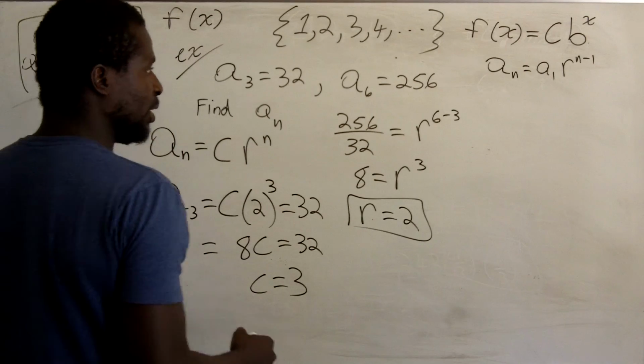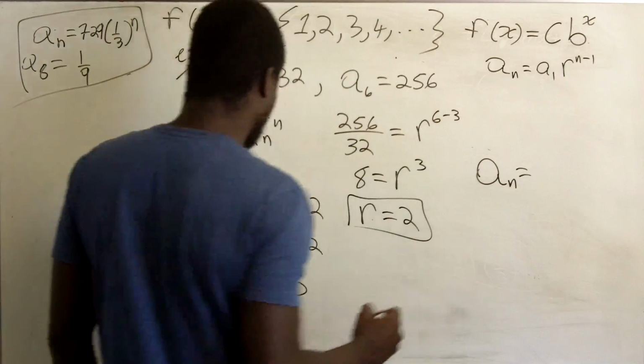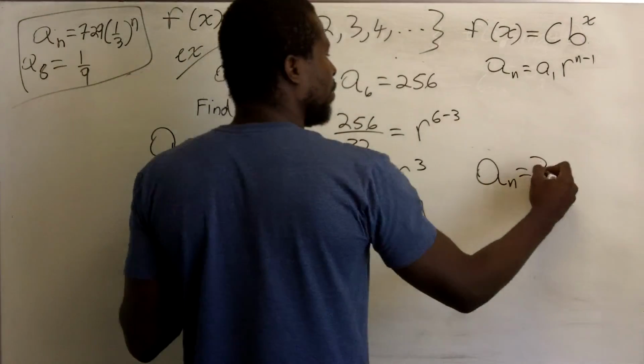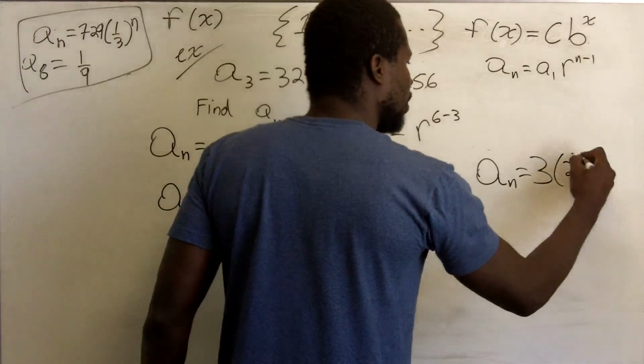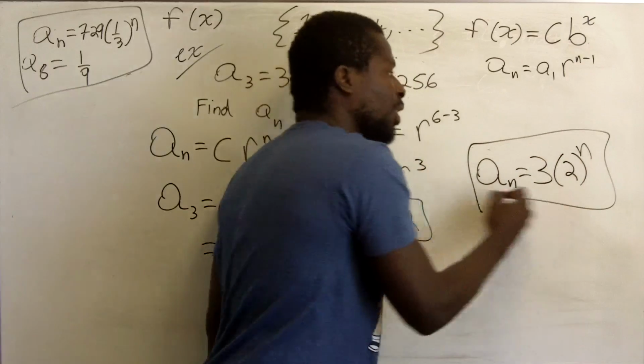So I now know c, and my nth term is equal to c times r to the nth power, which is 4 times 2 to the nth power. And there's the formula for your nth term.